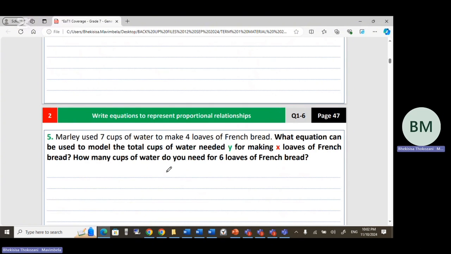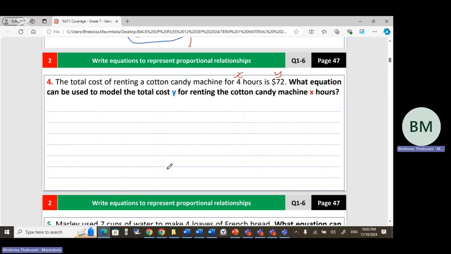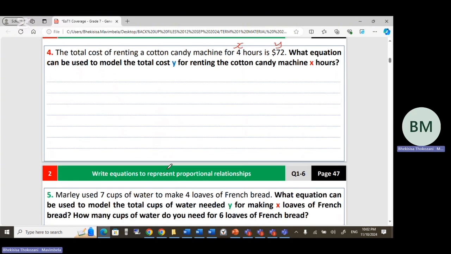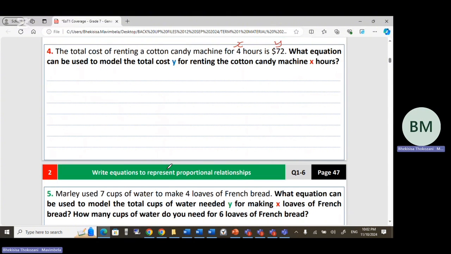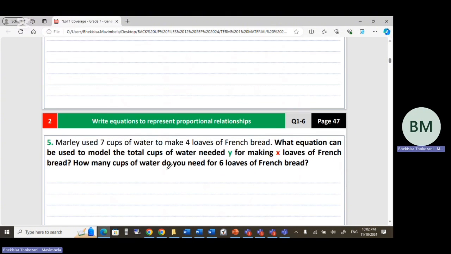Similar to this one here, where we see these loaves of bread. So again, we are seeing something similar here.